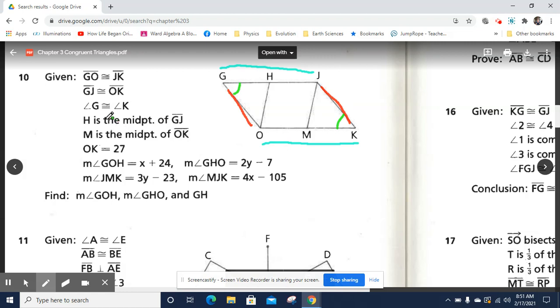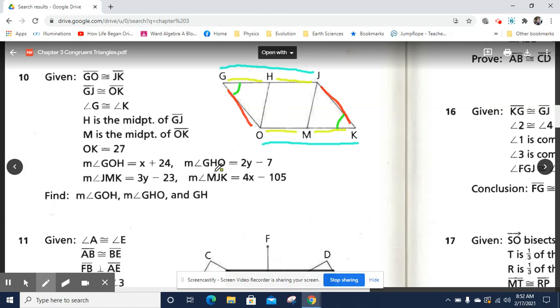Now, we know that H is the midpoint of GJ. So if H is the midpoint of GJ, then we have two congruent parts. This is congruent to this. And it says M is the midpoint of OK. By division, since we would be dividing two congruent parts, OM and MK are also congruent to GH and HJ.